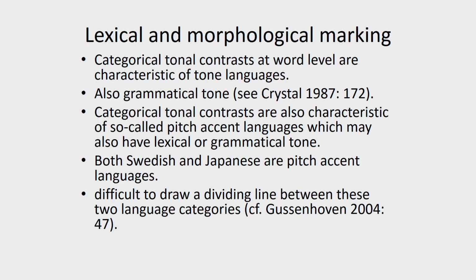So grammatical tone refers to tones which indicate some grammatical property like tense or aspect, etc. And also categorical tonal contrasts are characteristic of so-called pitch accent languages, which we have already talked about, and which may also have lexical or grammatical tone. Both Swedish and Japanese are pitch accent languages, but it's difficult to draw a dividing line between these two categories.